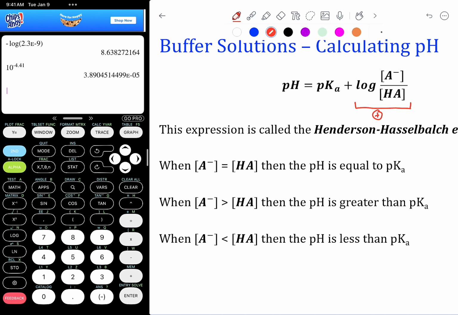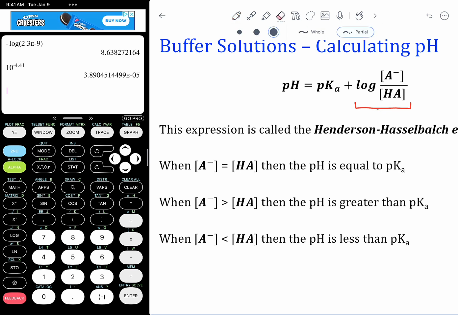You're creating a larger value. And then on the opposite, if the conjugate base concentration is less than that of the concentration of the weak acid, then the pH is going to be less than the pKa for the opposite reasons of what we saw before. This ratio of the log is going to be negative, so you're going to be subtracting a value from your pKa, creating a pH value that is smaller than your pKa.